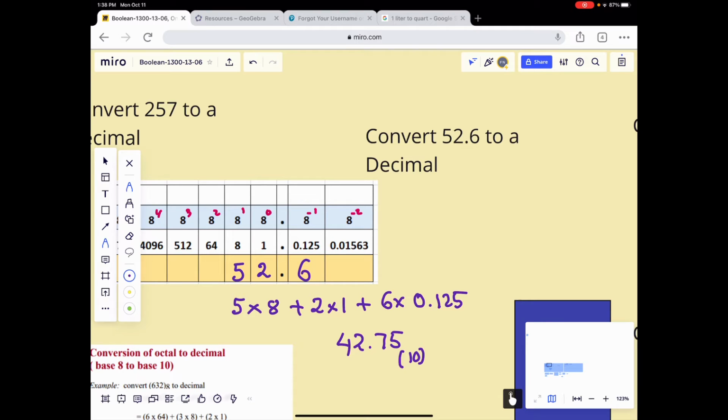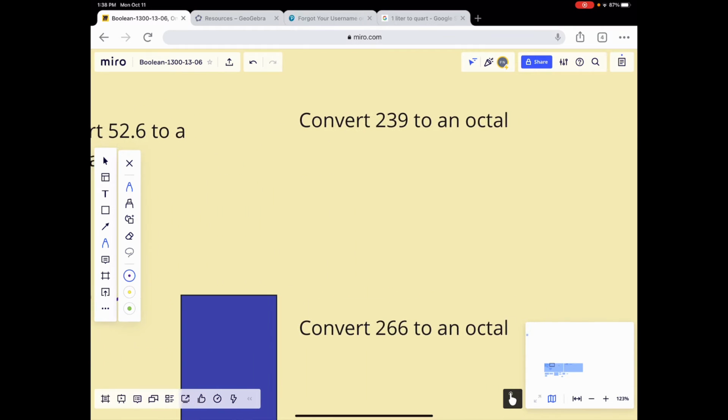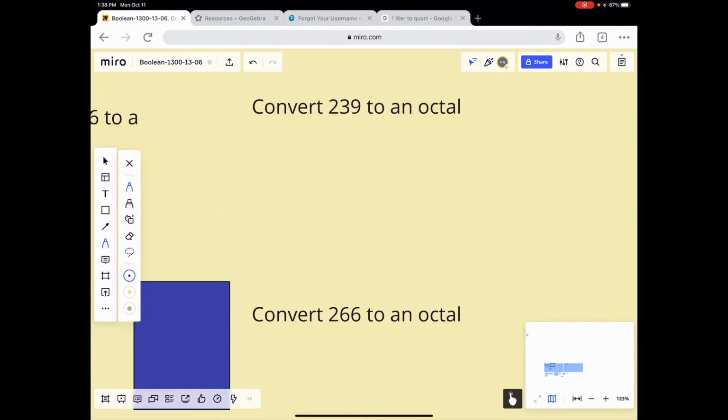Next, you want to convert from decimal to an octal number. In this case, I have 239 and I want to convert it to octal.